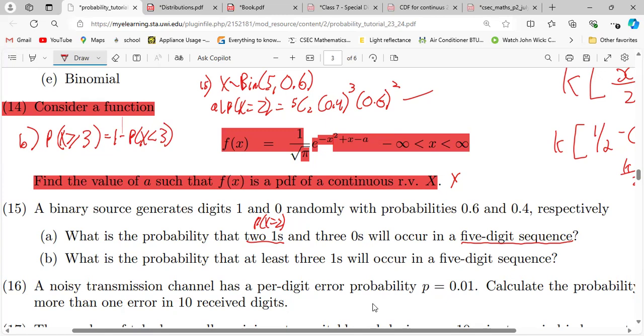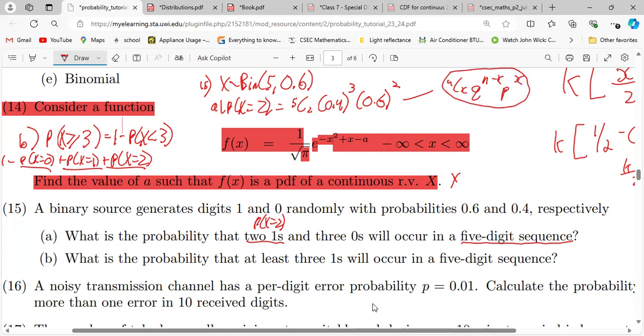So it will be 1 minus the probability X equal to 0, plus the probability X is equal to 1, plus the probability X is equal to 2. And these pieces, you know how to do already. You just rinse and repeat into the nCx q to the n minus x p to the x equation, and you just calculate it.